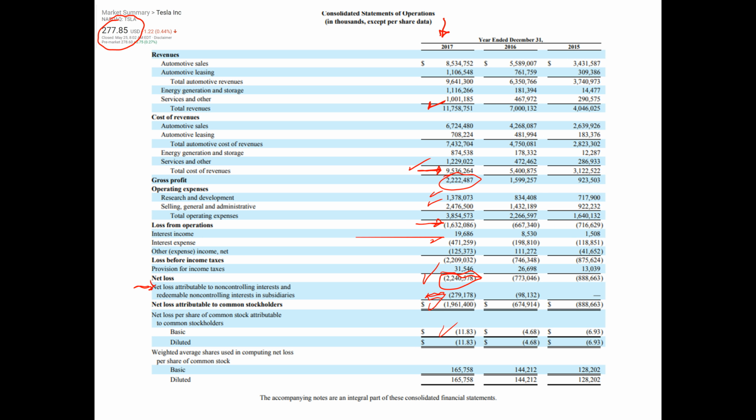That gives you some context for if that's a lot or a little bit. If the share cost $15 and they lost 11, then that says something very different than if the share is $300, $600, $800. So now we're starting to get a lens into the company's fundamentals by looking at what they own, what they owe, what they earn, and what they spend.